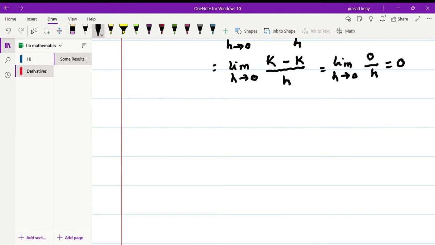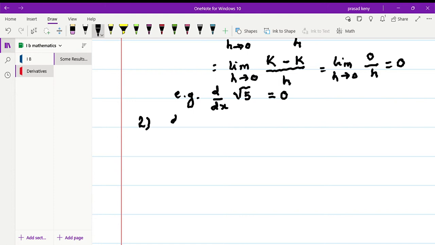Take for example, say derivative of root 5. The square root of 5 is a constant, so its derivative is 0. So let us come to the second result here.